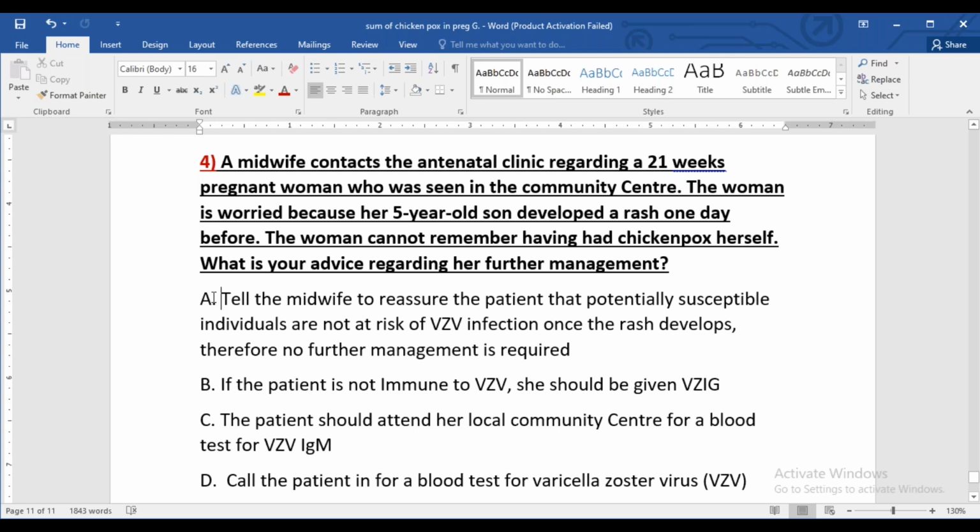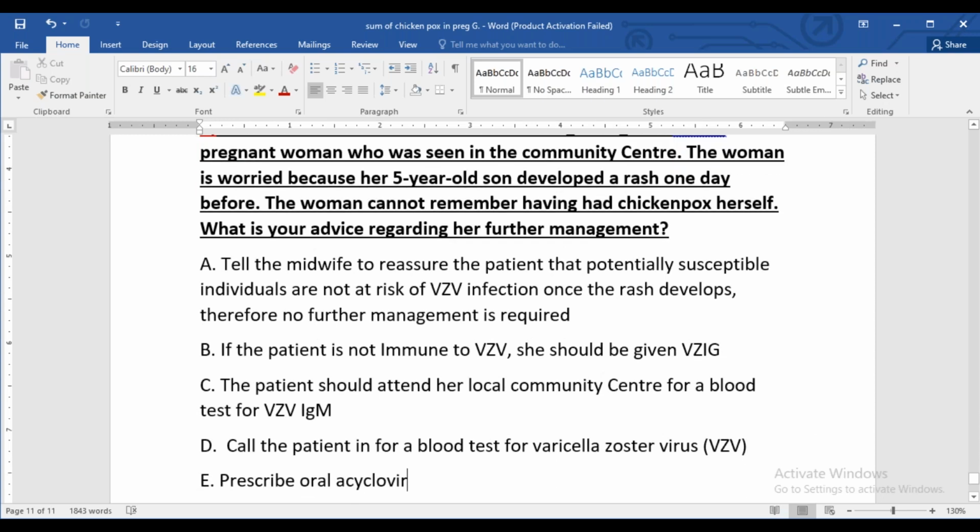Tell the midwife to reassure the patient that potentially susceptible individuals are not at risk of infection once the rash develops. Therefore, no further management is required. If the patient is not immune to varicella zoster virus, she should be given immunoglobulin. Patient should attend her local community center for a blood test for varicella zoster virus IgM. Call the patient in for a blood test for varicella zoster virus.